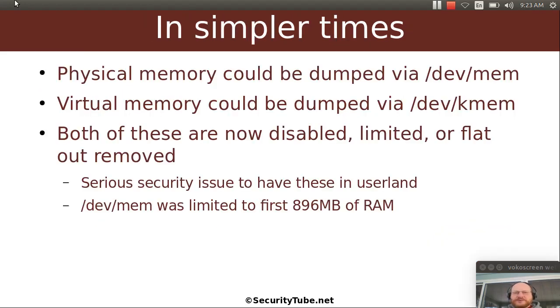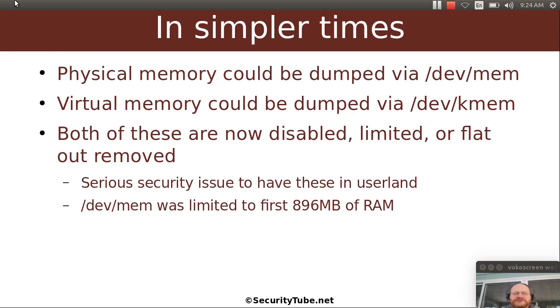Back in the old days, in the simpler times, if you will, it was easy in Linux to dump memory. There was a device called devmem that could be used to just dump every bit of memory. And there was another device called devkmem, which would dump virtual kernel memory.